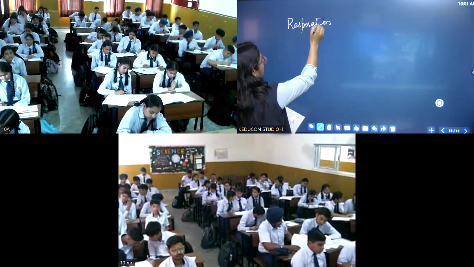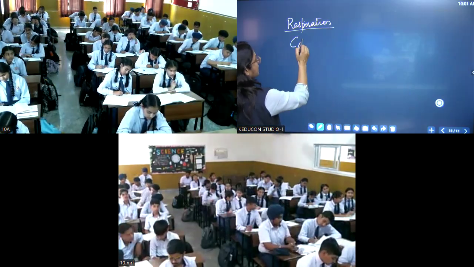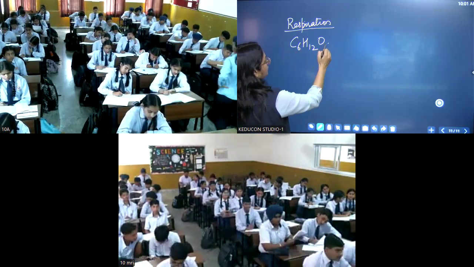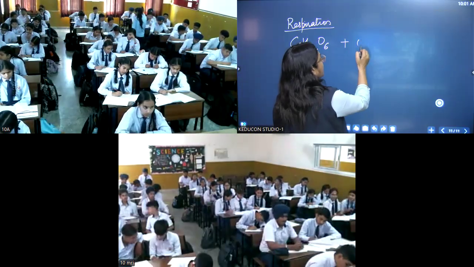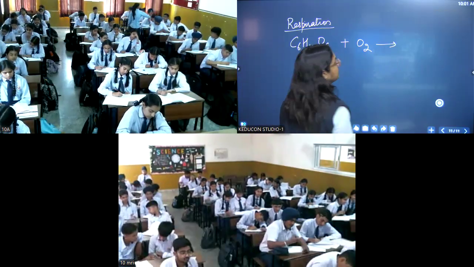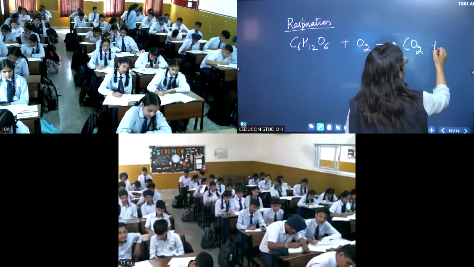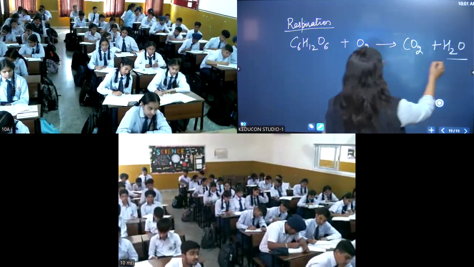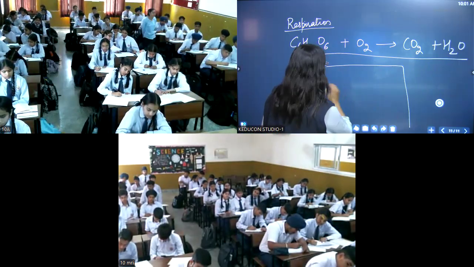respiration. The reaction which takes place during respiration is that the carbohydrate glucose, C6H12O6, breaks down in the presence of oxygen to give you carbon dioxide, water and ATP, the energy.